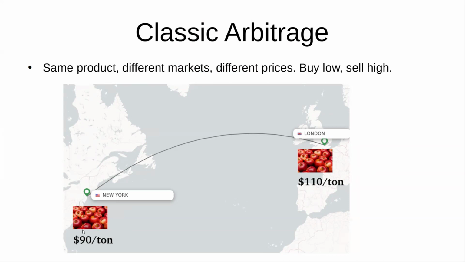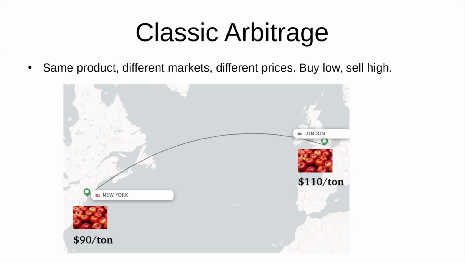So when these two markets have different trade prices, you sign the contract now, and in New York you have a contract of buying 1 ton of apples at $90, and in London you have a contract of selling 1 ton of apples at 110, and you can have whatever quantity you want, more than 1 ton. And once you have those contracts signed, at some point you'll have physical delivery of those stocks or commodities.